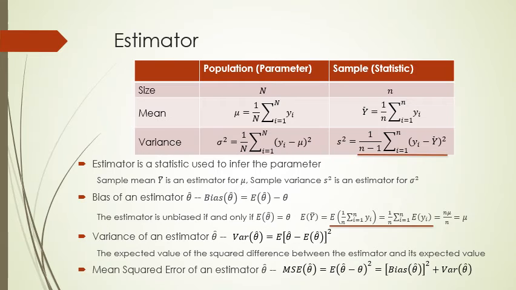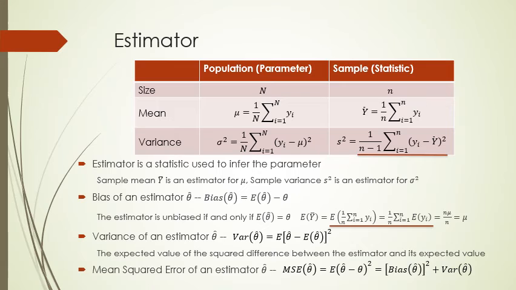Here, we may put the expectation inside the summation due to the linearity of the expectation. Also, we may define the variance of an estimator. It is the expected value of the squared difference between the estimator and its expected value.